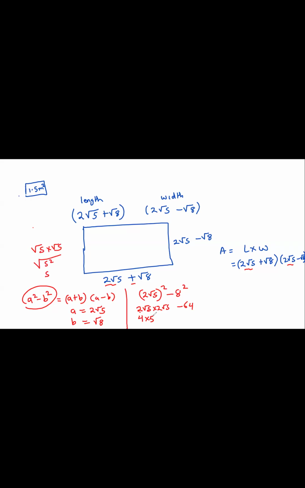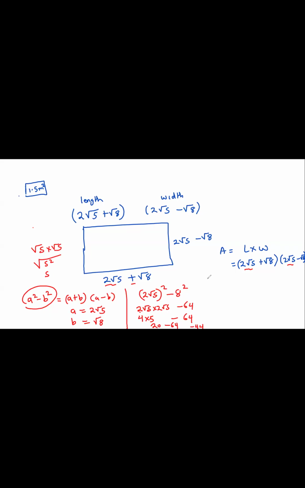So this means 4 times 5, which gives 20, minus 64, giving negative 44. And now your reasoning is going to come in.